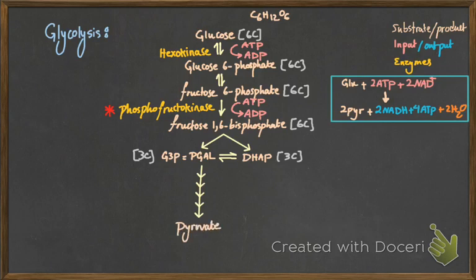During these 5 steps, we are generating 2 ATPs and also investing 1 NAD+ to get 1 NADH molecule. Again, during these 5 steps, I am not touching the number of carbons, so pyruvate still has 3 carbons in it.